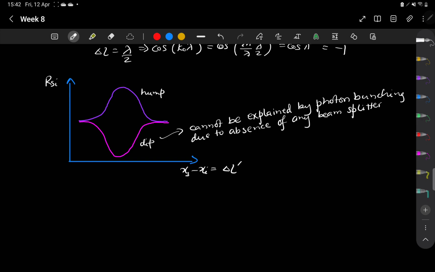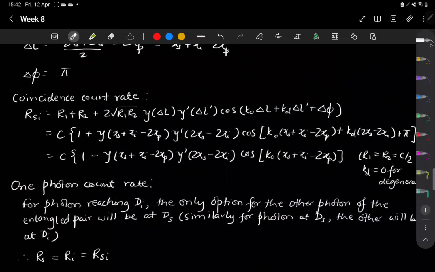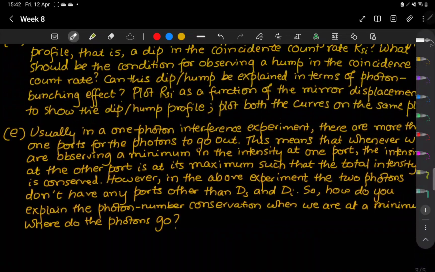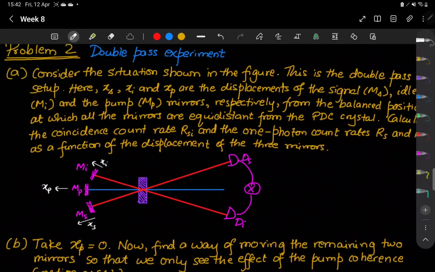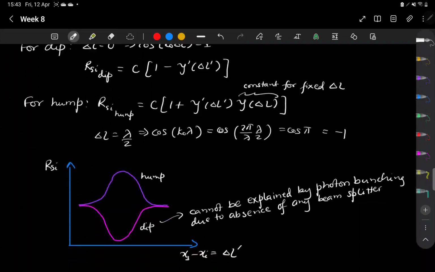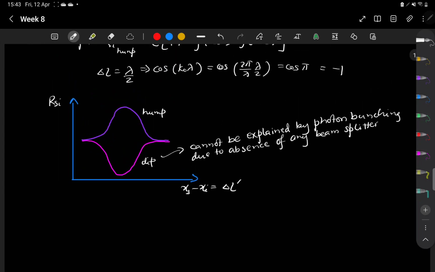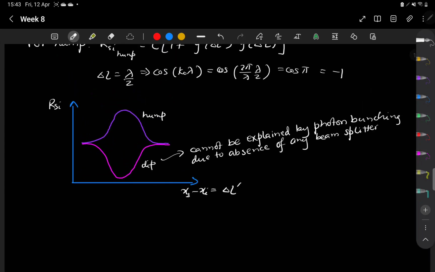It was proposed keeping the beam splitter in mind, that is, two photons arrive at a beam splitter and then they get bunched and go to one detector. But here there is no beam splitter, so this double pass experiment is a way to prove that the photon bunching explanation is incorrect. So the photon bunching theory is invalid, because we are able to see this dip even when there is no beam splitter over here.